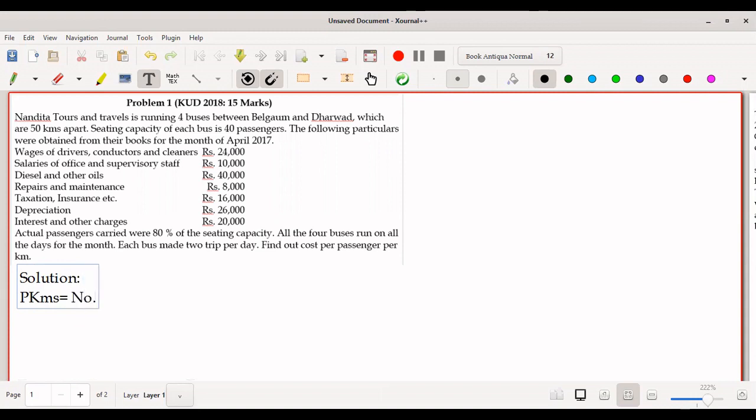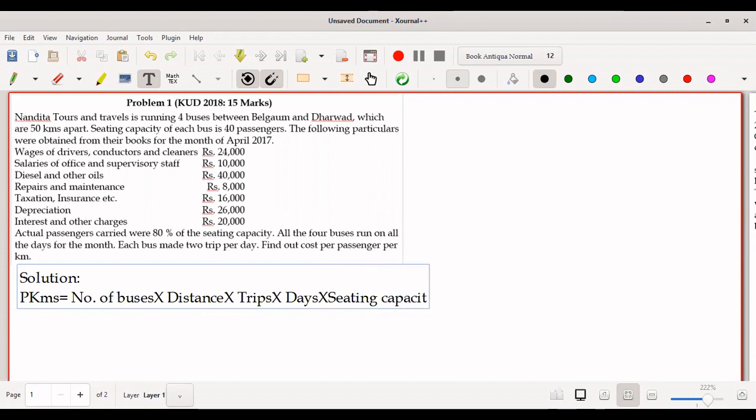Number of buses into distance into number of trips into number of days into seating capacity into percentage utilized.